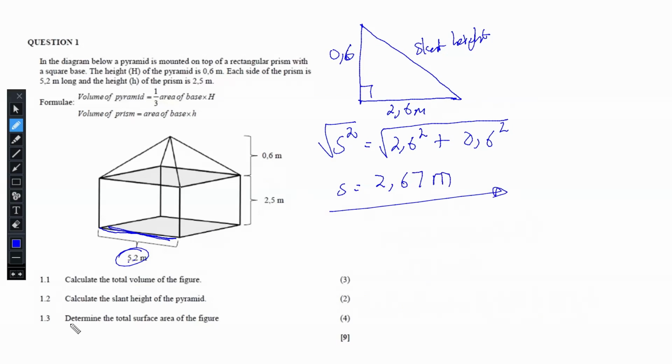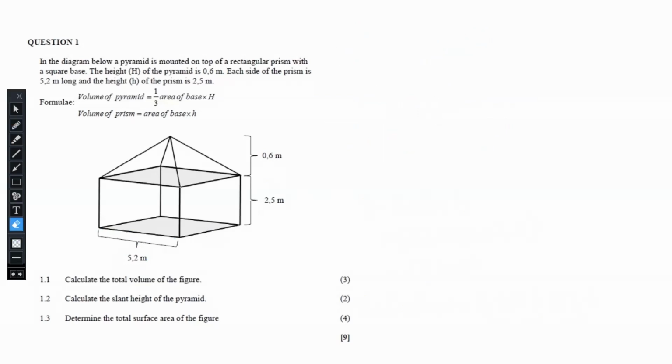And then now 1.3 says determine the total surface area of the figure, the total surface area of the figure. Now, we are not given the formulas for the surface area, but then we do know that the total surface area, let's start by the pyramid, will be represented as what?